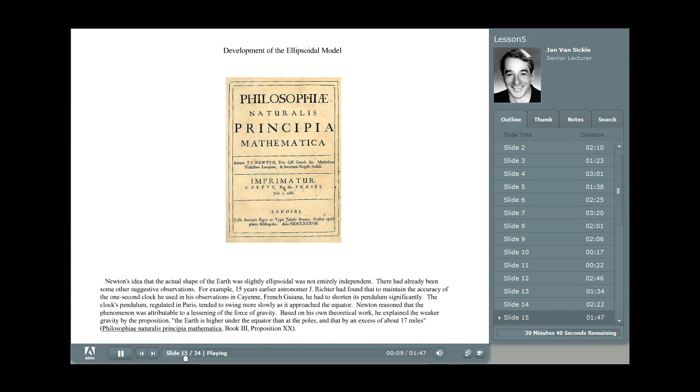Newton had a colleague in J. Richter, and one of the observations that I account here is that Mr. Richter had a 1-second clock that he used in his observations in French Guiana.